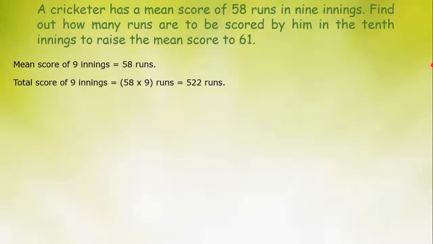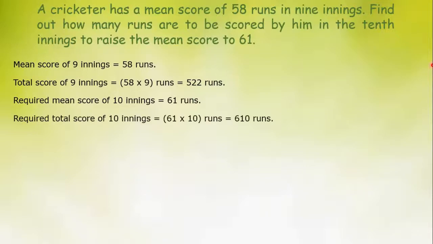Then what is given? The required mean score of 10 innings is given as 61 runs. Or after 10 innings, the cricketer wants the mean of his 10 innings as 61 runs. If the mean score is 61, then we can find the total score of 10 innings. Correct?